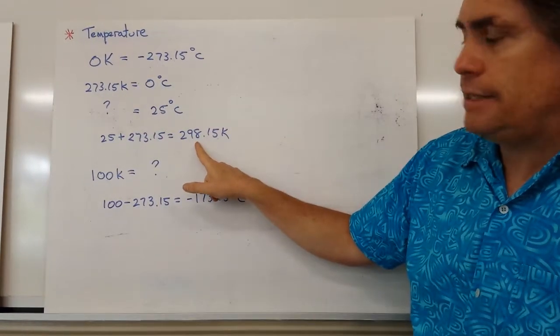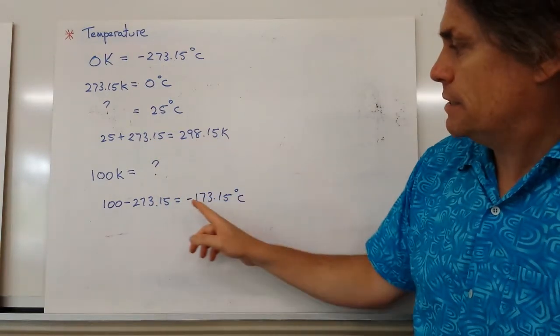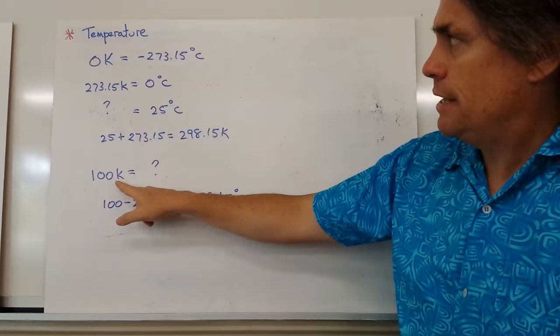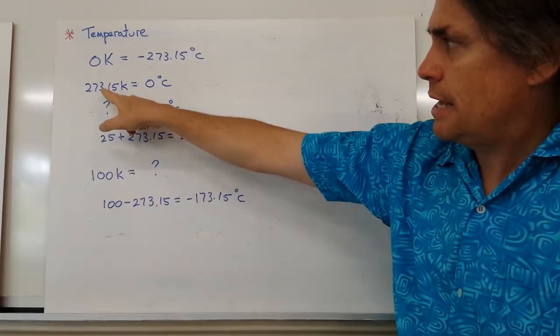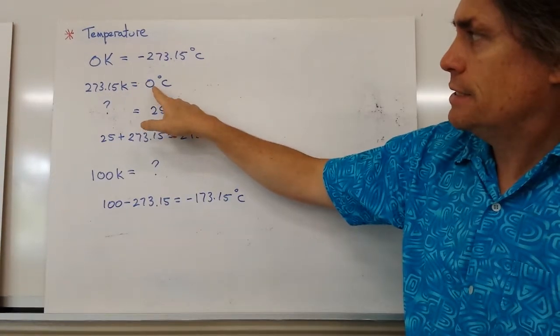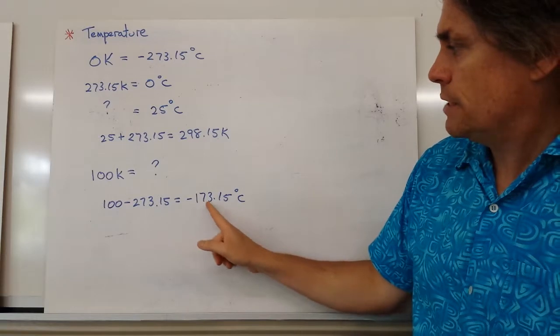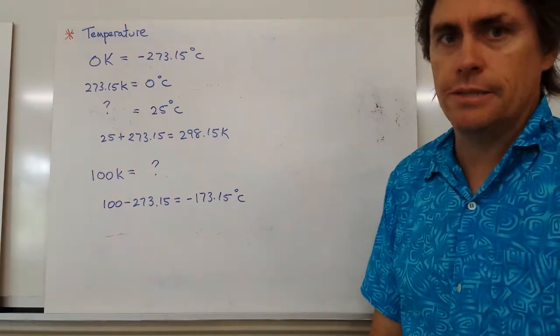So our 298 does make sense. We're higher than that 273. What about the second one? 100 degrees Kelvin is less than the 273 degrees Kelvin, which means that our degrees Celsius should be less than 0. So in this case, we've got minus 173, so yes, that does make sense as well.